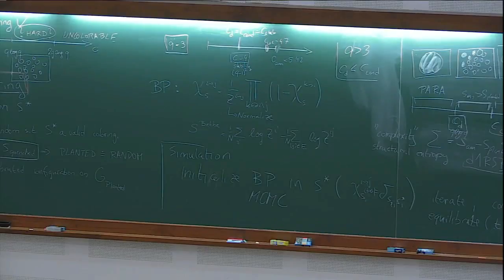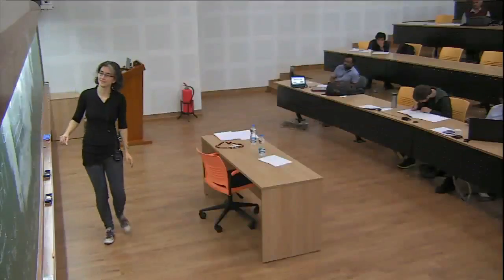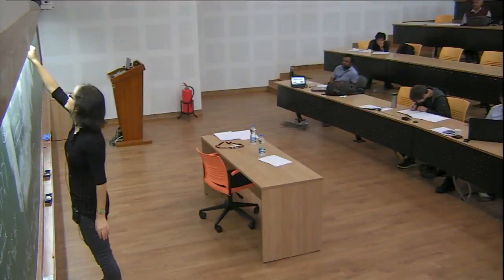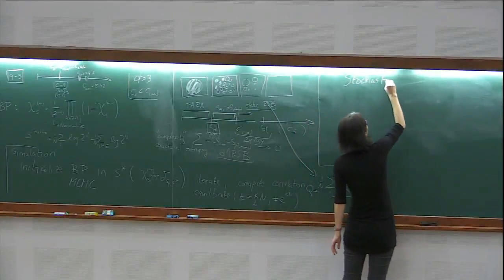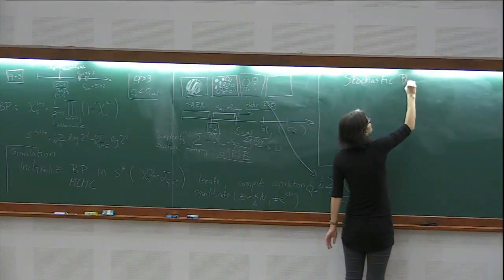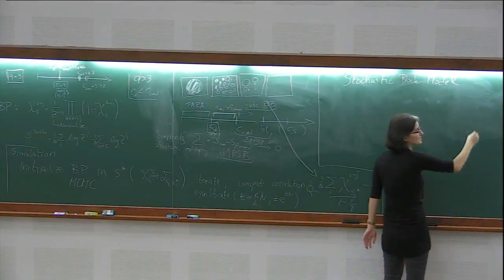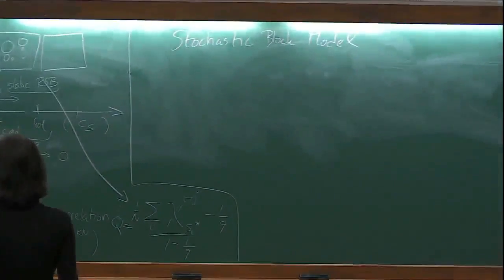And to see how natural and general a problem it is, let me generalize it slightly. This generalization I will call the stochastic block model. It's actually some people in sociology 40 years ago that called it this way, so that name stuck.